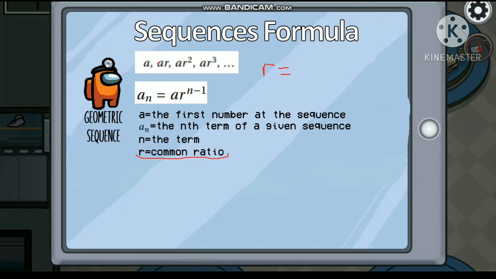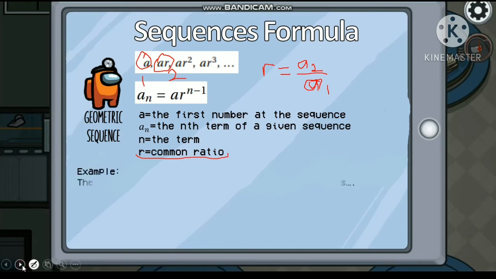So we divide the second term with the first term, so we can get the ratio. Sorry if you can't see it properly because I don't have any pen to draw it.